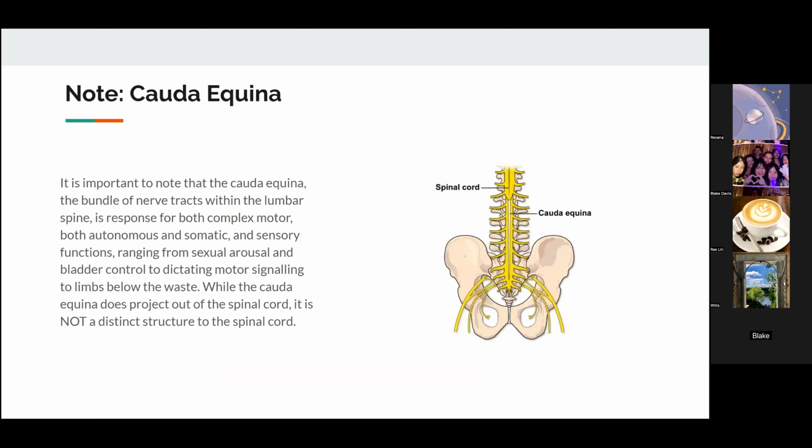They're just different regions of this that have different functions. And the cauda equina is the nerve tracts within the lumbar spine region. The cauda equina, the lumbar spine, is responsible for sensation and motor activity below the waist, and it's also responsible for arousal and many of the other bladder and sexual reproduction processes we have, or primates have.